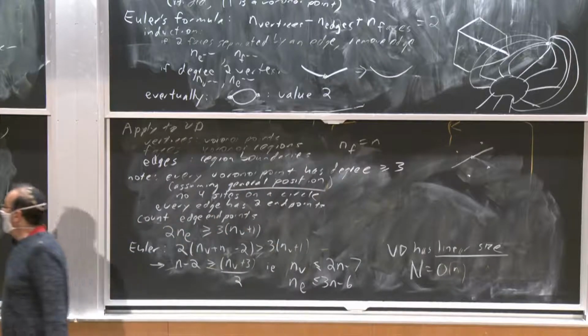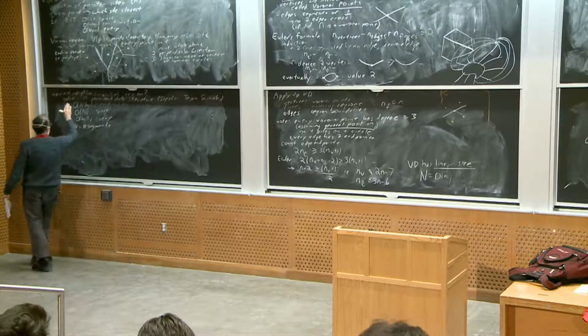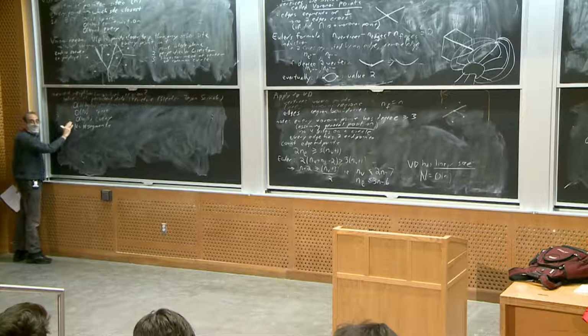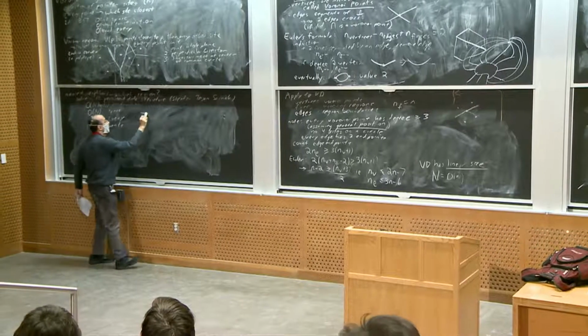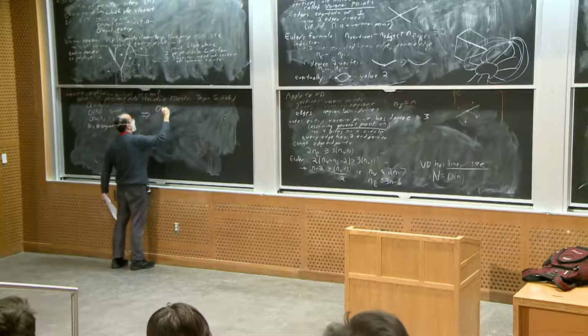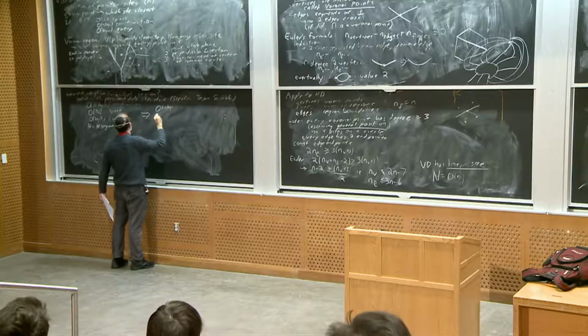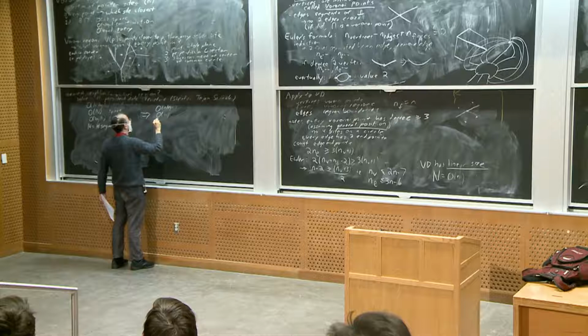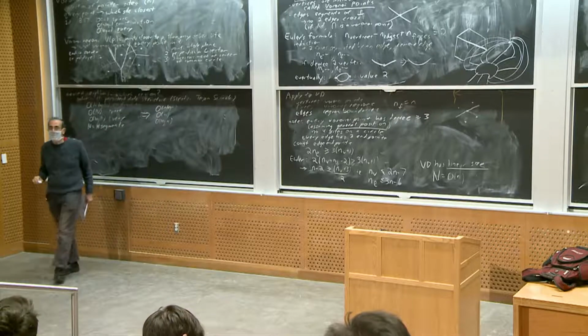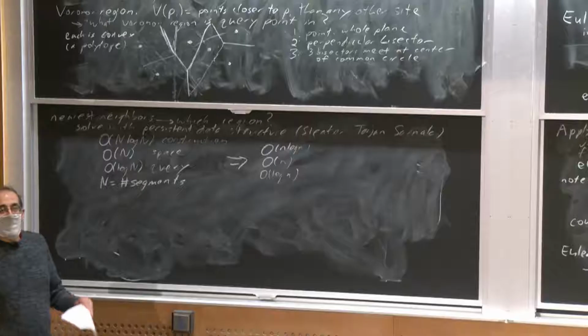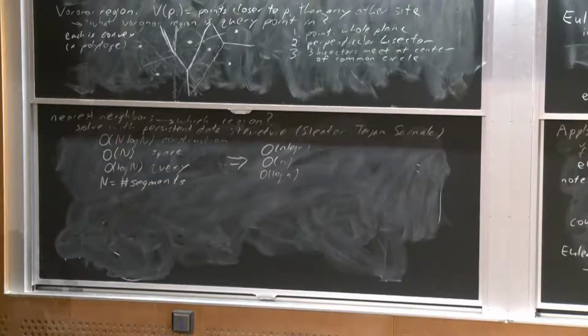And so all of these runtimes that I claimed over here are exactly the runtimes that we want: n log n to construct, n space, and order log n query time. So from the Voronoi diagram, you get an optimal nearest neighbor data structure.